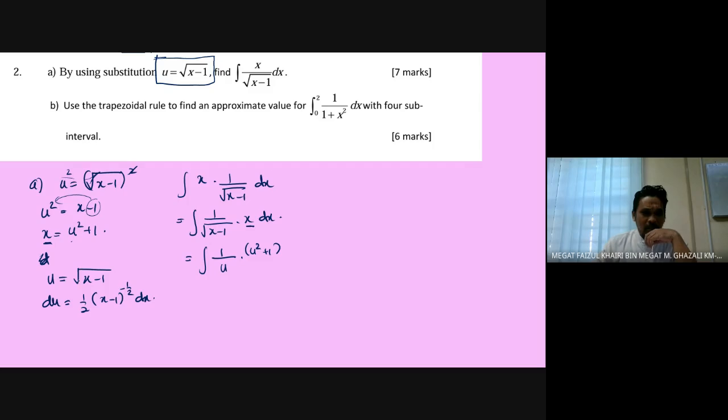If I differentiate from this u, I will get something that might not be suitable to substitute into this equation.